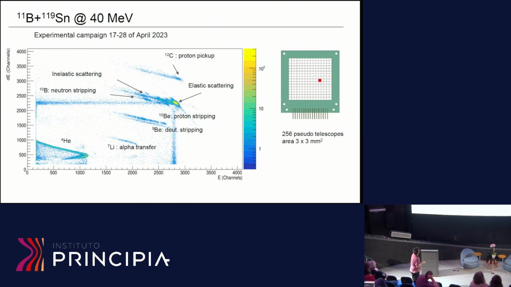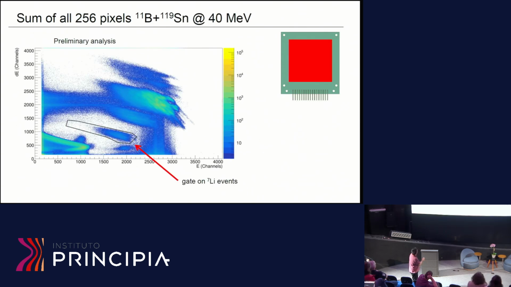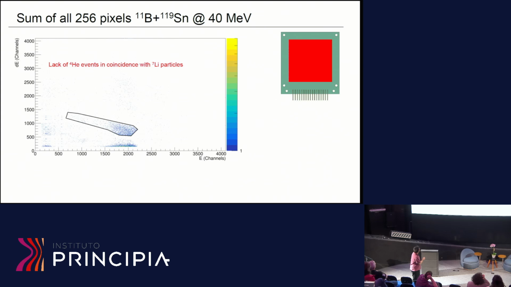And if we do the same business here, we put a gate on lithium-7 events, then we would expect to see alphas if the boron-11 is breaking up. And when we look in here, it's completely empty.